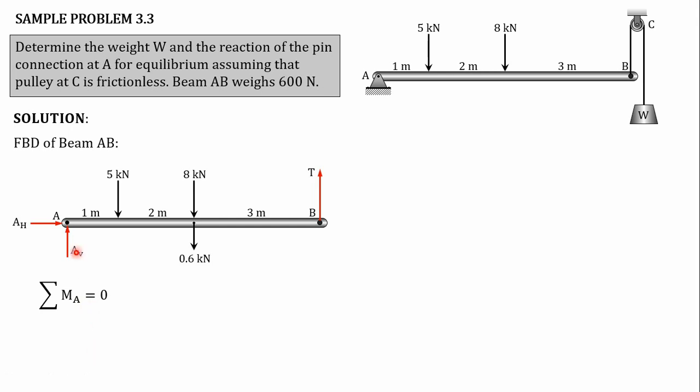Ulitin ko lang, AV and AH cannot produce moment kapag nag-moment ako at A, because yung line of action niya will intersect point A.